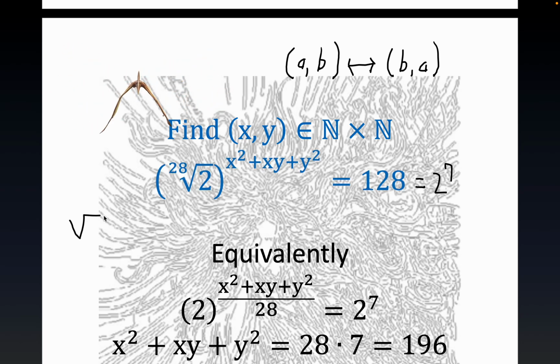The 28th root of 2 is equal to, and this is just converting from radical notation to rational exponent notation, 2 to the 1/28th, right? Again, most people prefer working with the rational exponents versus this radical notation. It's grown into a little bit of disfavor. But anyway, I still like this, and so we can rewrite this way, you see.